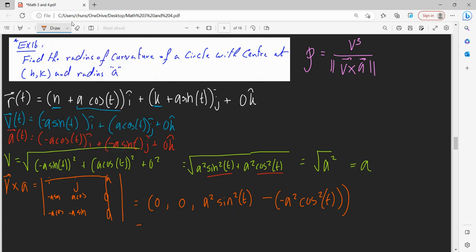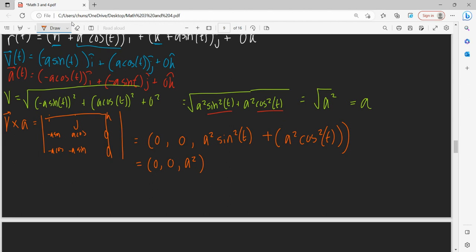So if we factor that out, this becomes plus, and that's just like saying 0, 0, and this is like our previous one with speed. Sine squared plus cos squared equals 1, so that just leaves our coefficient a squared as our k component.